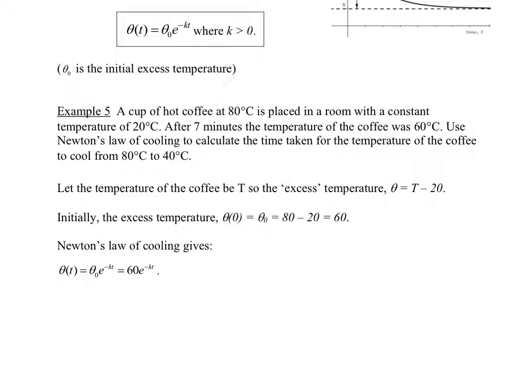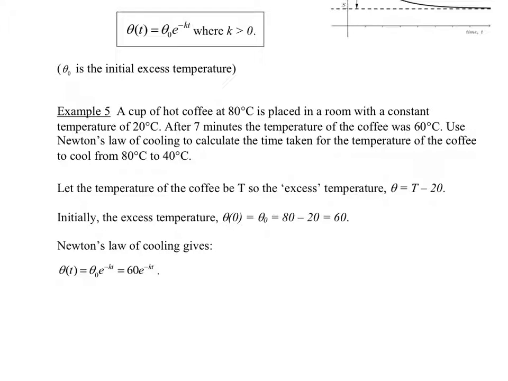That tells us that the excess, the difference between the actual temperature and the room temperature, is going to be 60 minus 20, so theta is equal to 40.